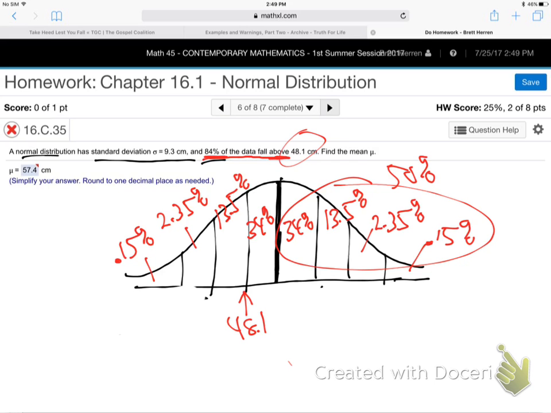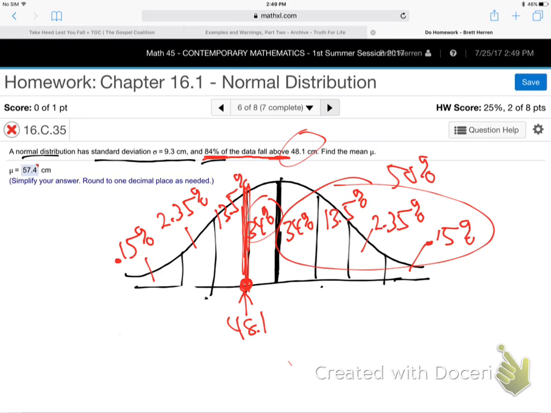You add all those up, it's 50% and 34%, right? To the right of this line is 84% of the curve, isn't it? It's 50 and 34. It's 84. That's what they're talking about. So this must be 48.1. 48.1 is the spot on the bottom that has 84% above it, to the right of it. 84% of all the men's weights are more than 48.1. That's not right, but anyway.